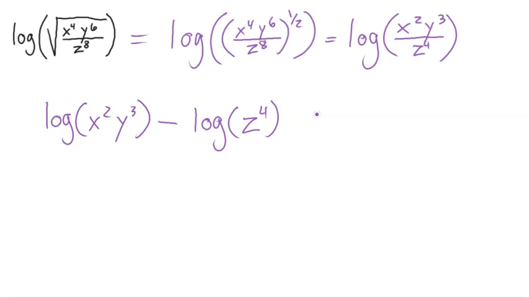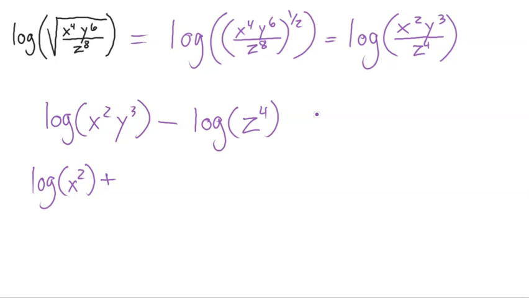Now this can be broken up into 2 logarithms. We have multiplication happening here, so it'll become addition between 2 logarithms. So we'll have log of x squared plus. Now you may say, why did I not put a parenthesis on the front? Well, there's no subtraction out here in the front. There's nothing over here, and therefore we don't have to group it.